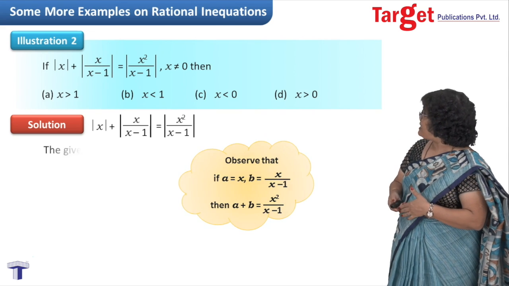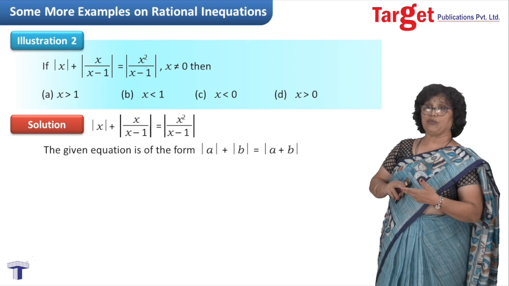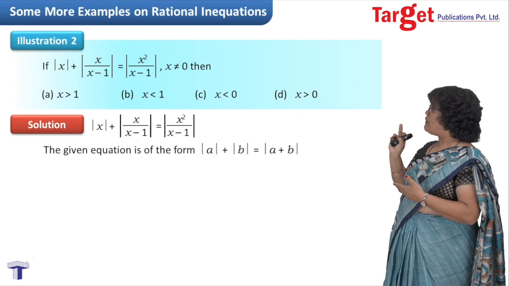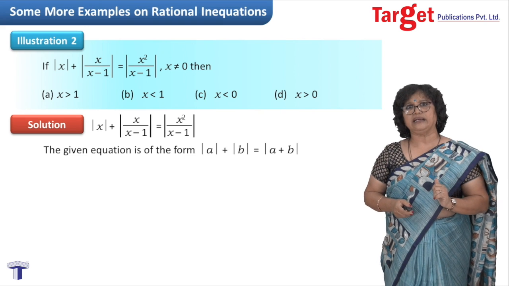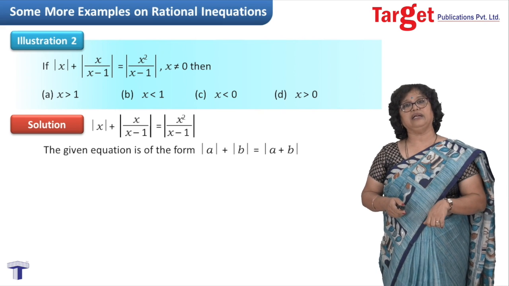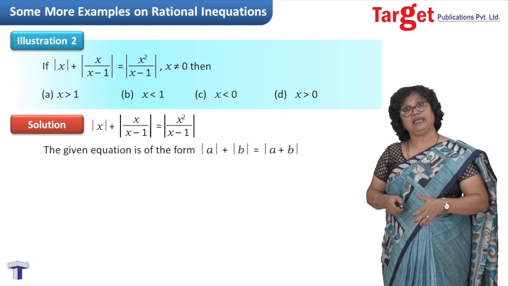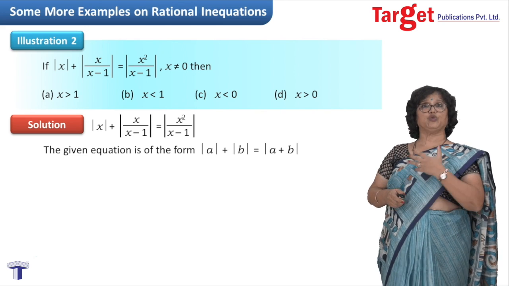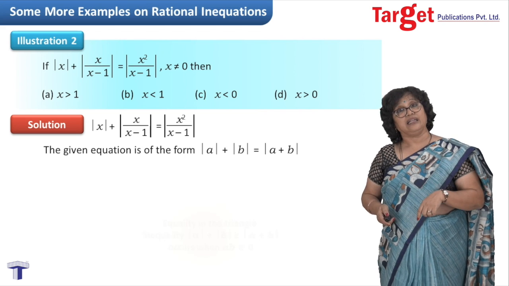So the given equation is actually of the form absolute value of a plus absolute value of b equal to absolute value of a plus b. We have done triangle inequality. And in triangle inequality, we have seen that absolute value of a plus absolute value of b is greater or equal to absolute value of a plus b. Means equality has occurred here in the triangle inequality.